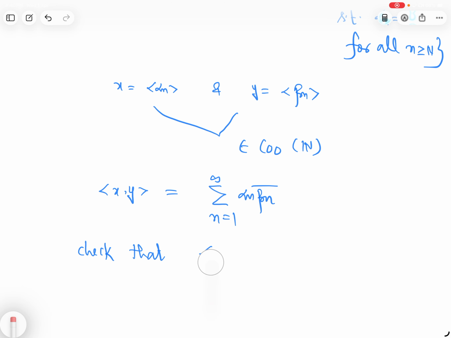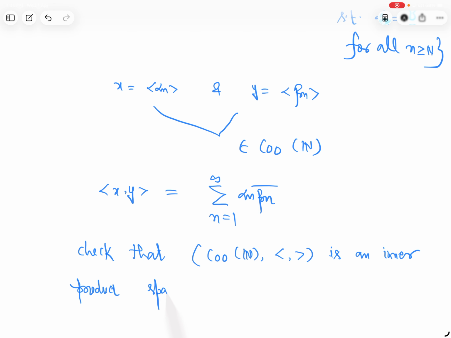Check that c00(N) with this is an inner product space.